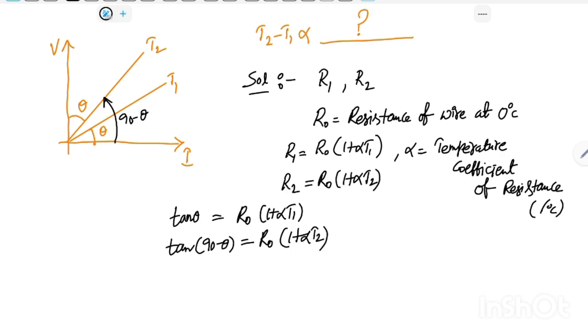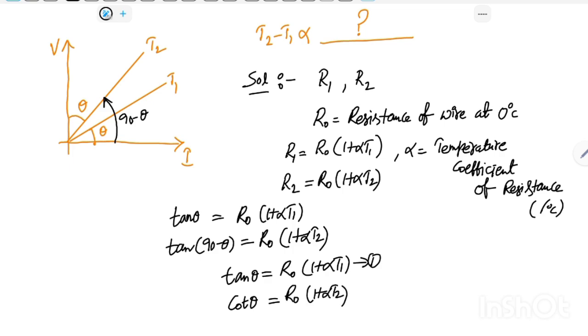Now what is tan of 90 minus theta? Cot theta. Therefore, the first equation is tan theta is equal to R naught into 1 plus alpha T1. This is the first equation. And the second equation is cot theta is equal to R naught into 1 plus alpha T2. This is the second equation.